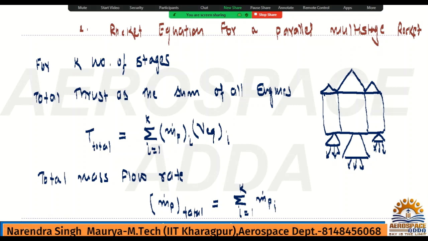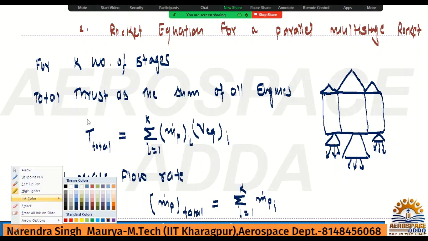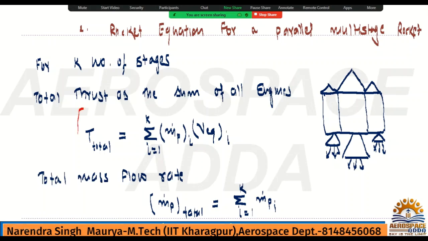If it is 3, then m dot p1 plus m dot p2 plus m dot p3. We have 3 engines. Hope you understood. This is very simple only. It's not difficult, it's very easy. The point is understanding. If you understood this, then it will be very easy for you.